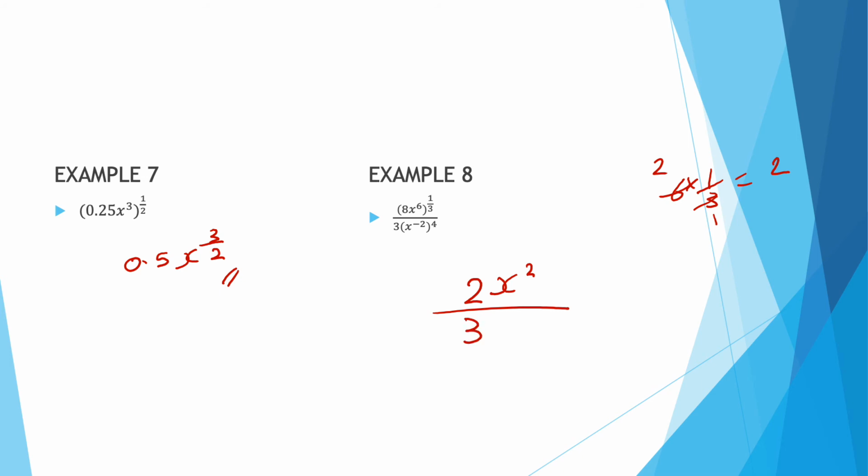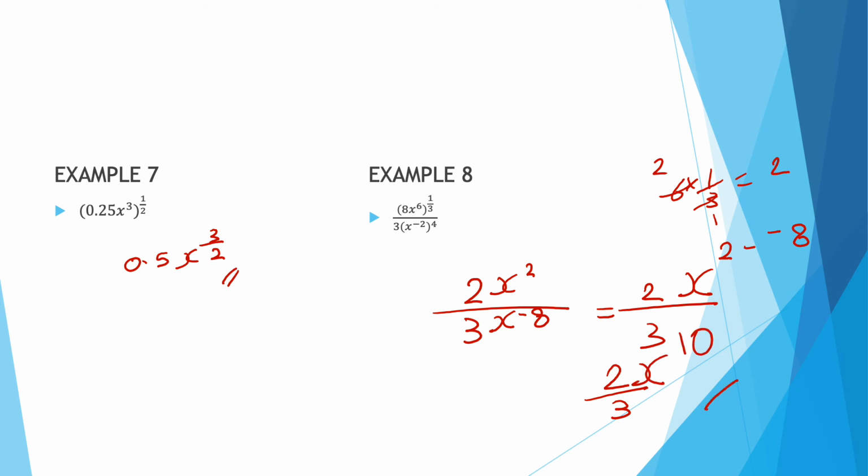That means that power has nothing to do with the 3. X to the power of -8. Now I can't simplify the numbers anymore, but I can simplify the powers because I've got the same base, so it'll give me x to the power of 2 minus negative 8, and that gives me 2 over 3 x to the power of 10.